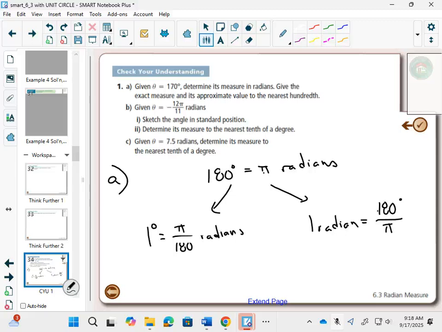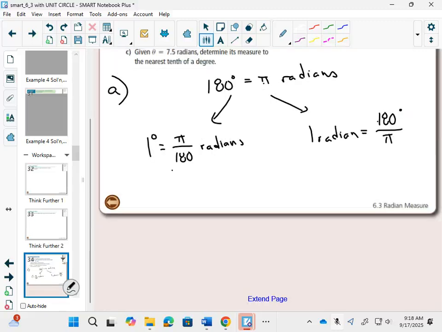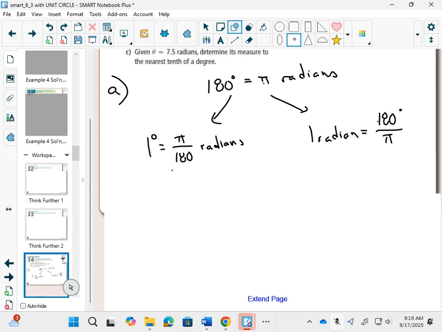Now, if you're changing from degrees to radians, you're going to multiply by pi over 180. Radians to degrees, you're going to multiply by 180 over pi. A way that you can remember this easily. Okay? So in part A, I have 170 degrees. I want to change it to radians.